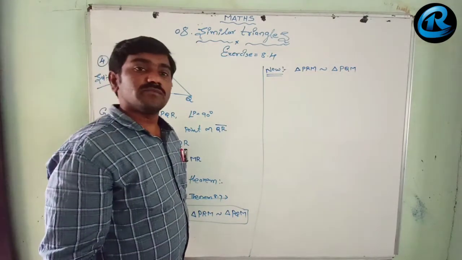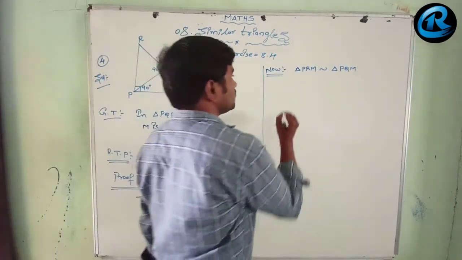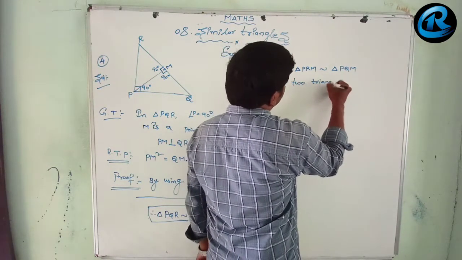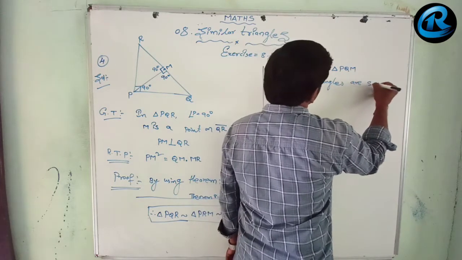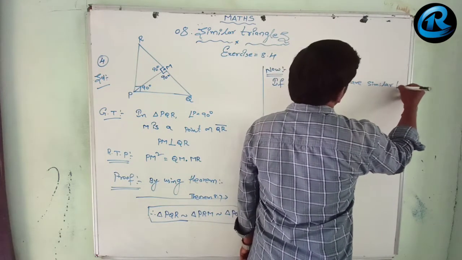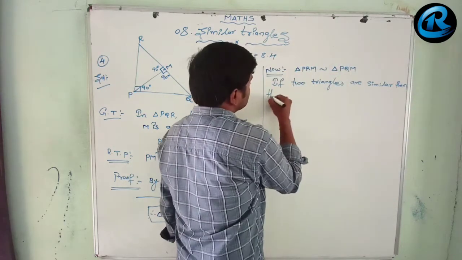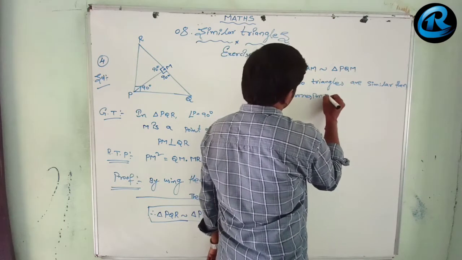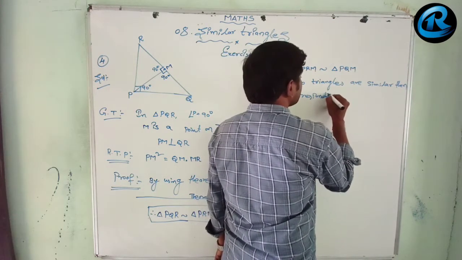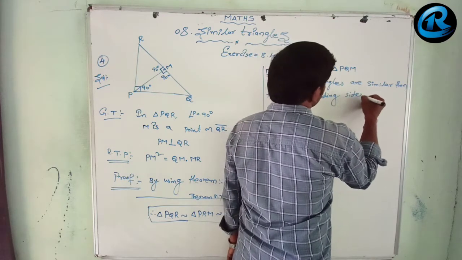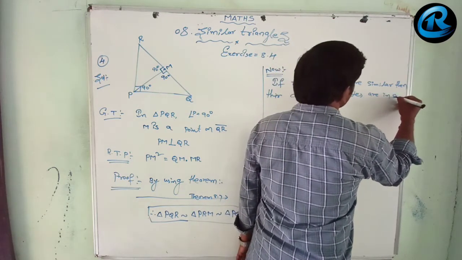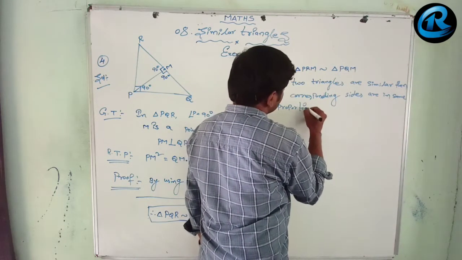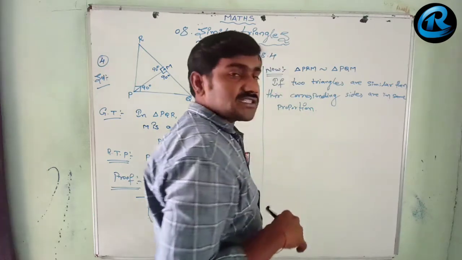If two triangles are similar, then their corresponding sides are in the same proportion.